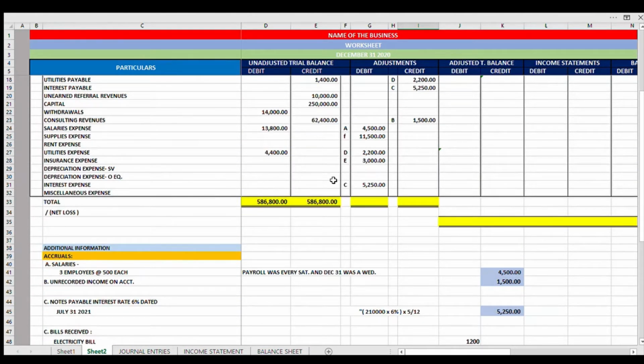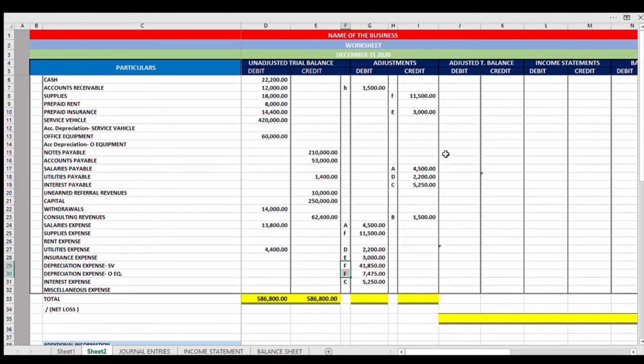Okay? Depreciation. Okay, debit. Ito ay parehong letter F. Okay? And the accumulated depreciation for each fixed asset. Okay. And for the other one.